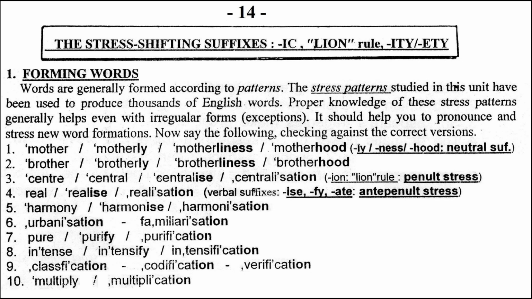We have 2 stresses. The first is a primary stress on ca, on the penult, because of the line rule. And the secondary, how many syllables do we have before it? We have purify. It means we have 3. It means it's derivational. So we derive from the root, from pure or from purify. So pure will take the secondary stress.